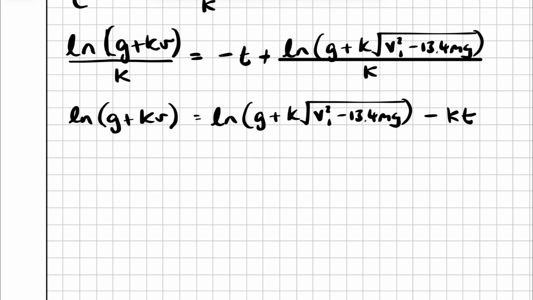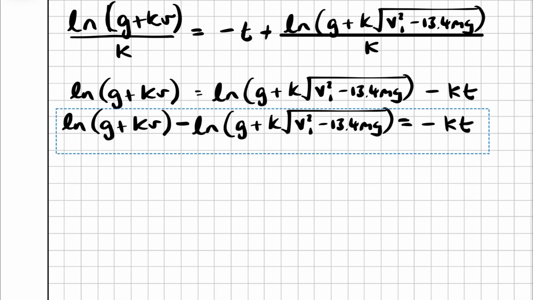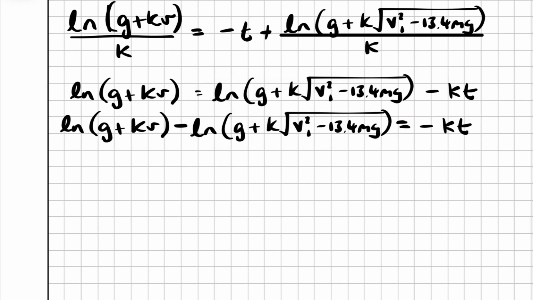Now I'm going to bring the logs onto the same side, right? So I'm going to copy paste, bing, and say minus this stuff here. I've brought this log over to the other side. Now, when logs are subtracting, I can do one divided by the other. So it now becomes ln of the stuff on top, the g plus kv, all over this stuff here.